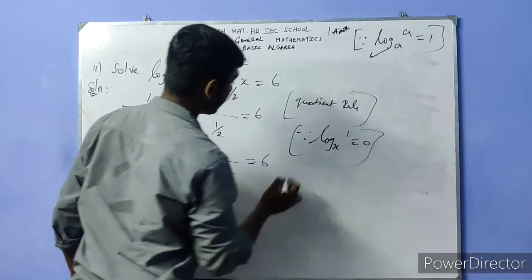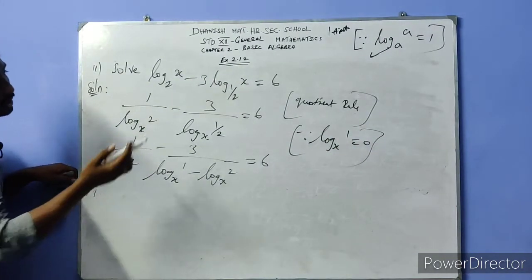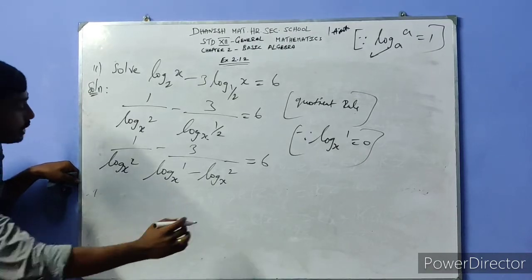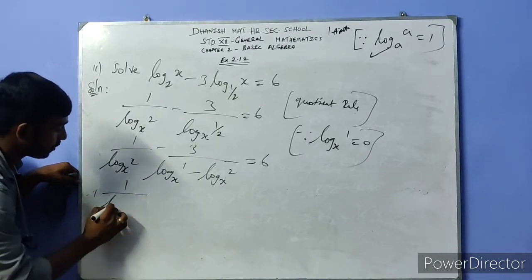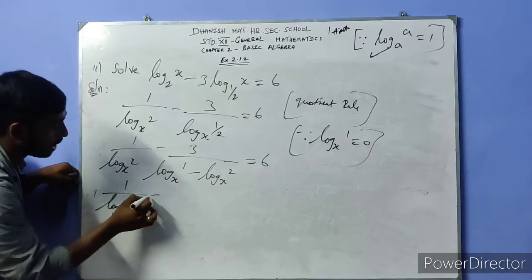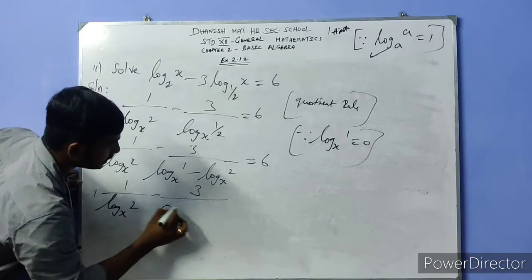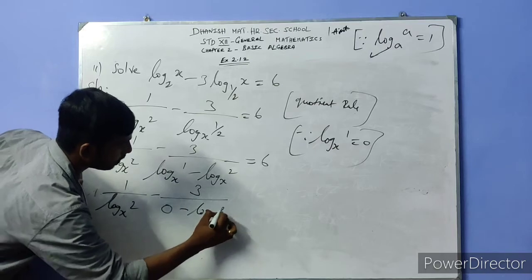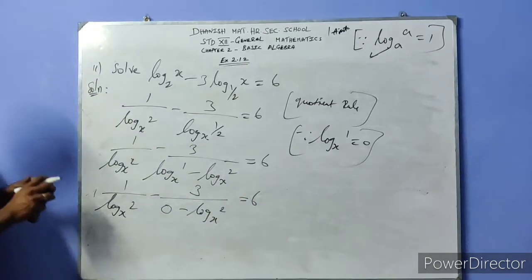In the previous sum we saw like this, because log 10 power of 1, you are putting 0. What is the remaining? 1 divided by log x power of 2 minus 3 divided by 0 minus log x power of 2 equal to 6.